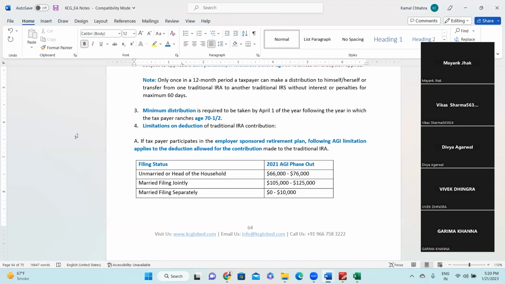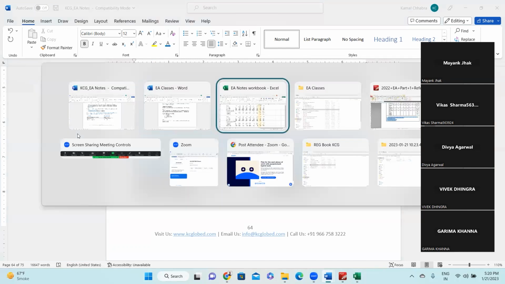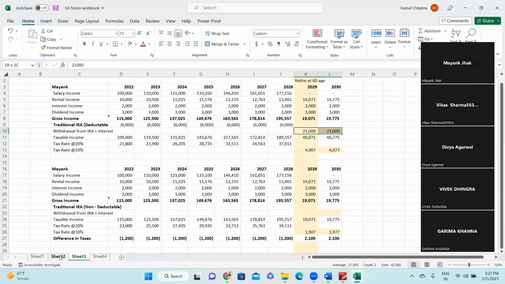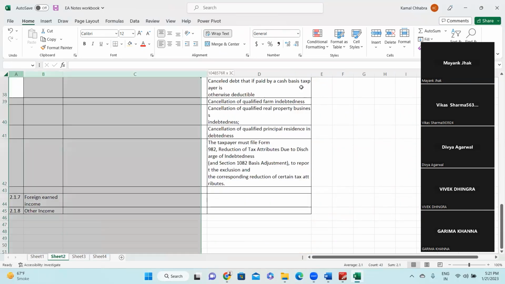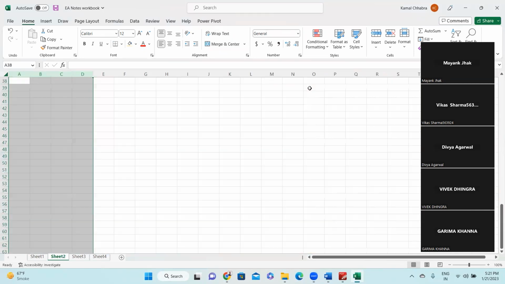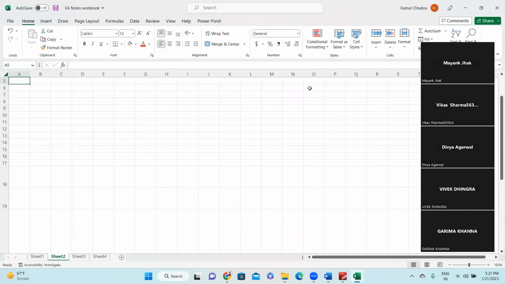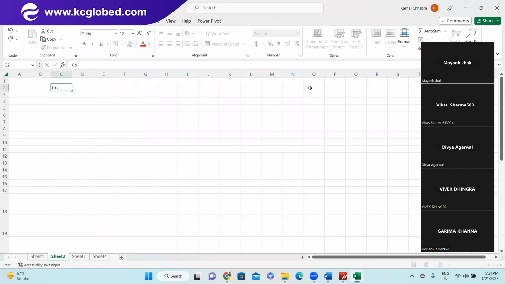That means how much is the contribution an individual can make? Do you guys remember how much contribution an individual can make? $6,000? Yes, sir. Right? So you can make a contribution of $6,000, right?